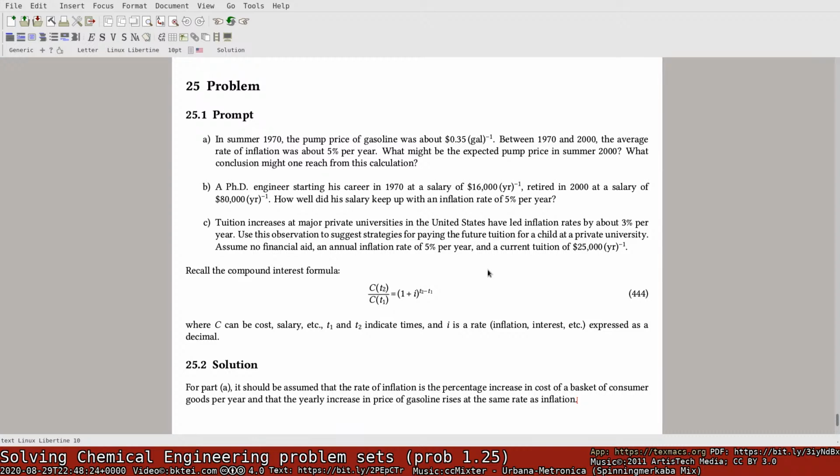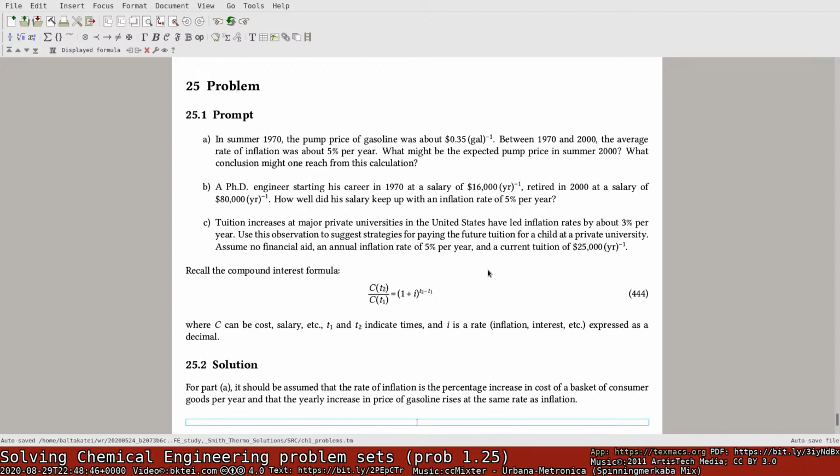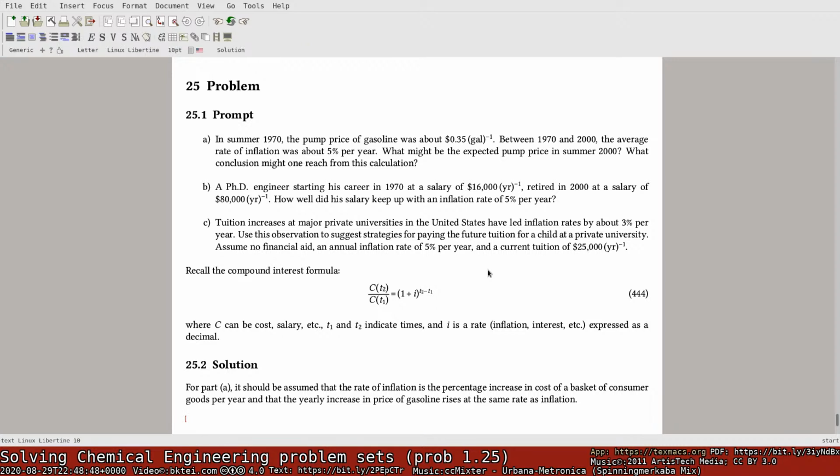Okay. So 1970 to the year 2000, that's 30 years. So we could apply 5% per year. So let's see. 5% per year. So I'm going to do this. I mean, I guess we could just use that compound interest formula as is. So let's go with that then.